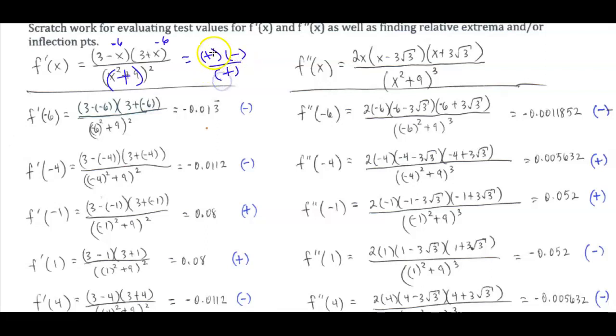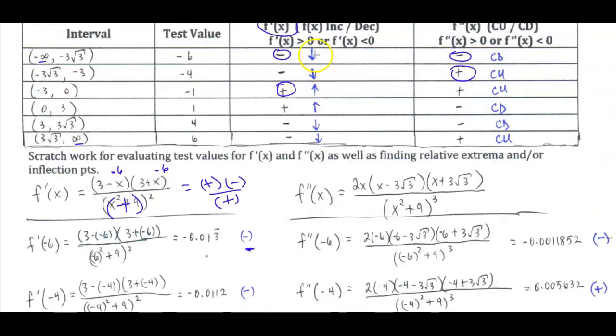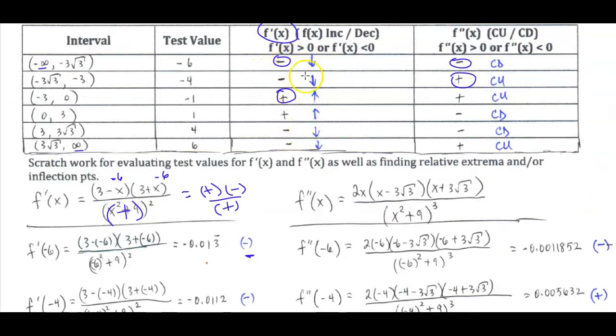And when I look at all of that, a positive times a negative is a negative, negative divided by a positive is a negative, and that's how we got that value. If we keep doing this for each of these values, you'll see that we get everything that you see here. That is what these outcomes in the f prime of x column and the f double prime of x column end up being.